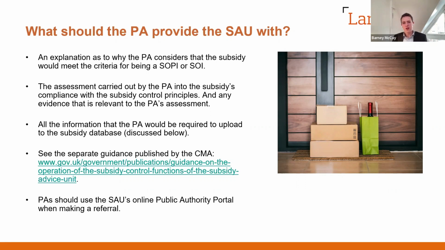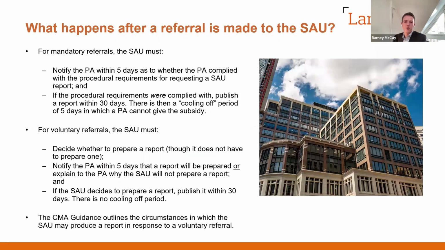So what happens after a referral is made to the Subsidy Advice Unit? Well, the unit needs to take certain steps, and the steps that it takes depend on whether the referral is mandatory or voluntary.